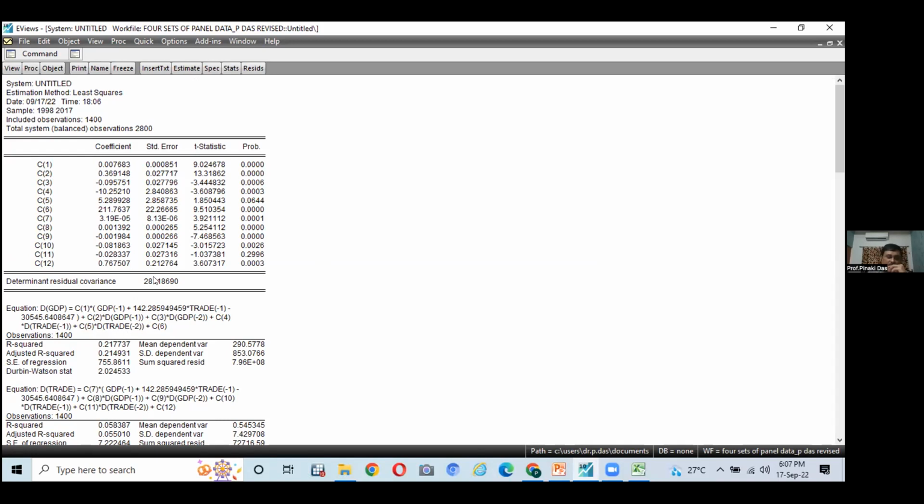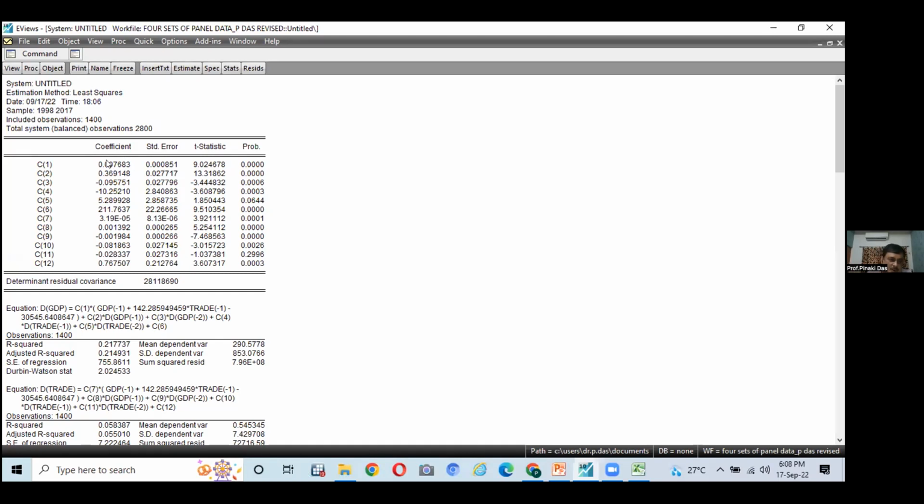First, we are interested to interpret whether there is any long run causality between GDP and trait. That can be judged by the value of the coefficient. Here the coefficient is positive and it is statistically significant. But for long run causality, if this coefficient is negative and statistically significant, then we can say there is long run causality running from trait, the independent variable as we have considered, to the GDP.